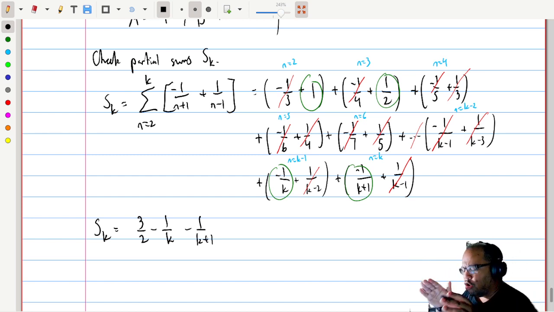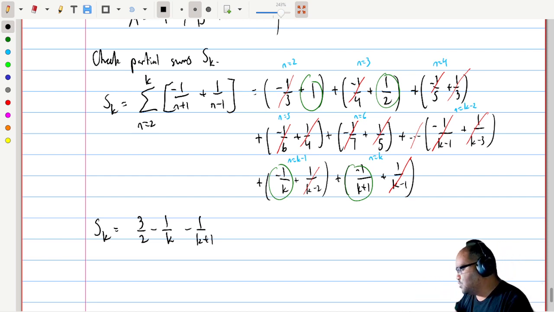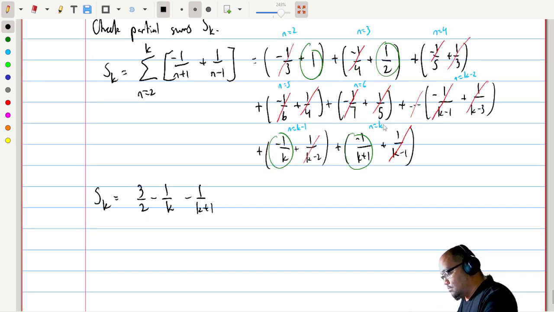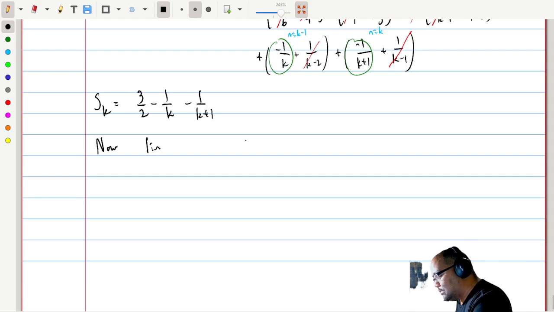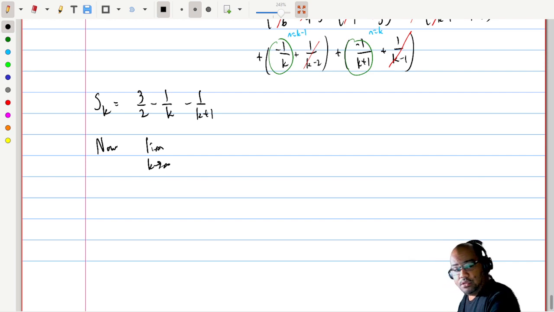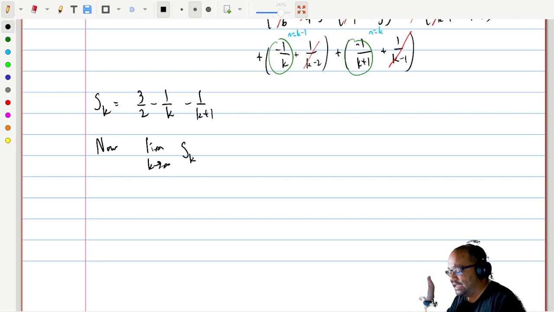Now that I have an expression for the partial sums, we need to take the limit of the partial sums, because a series converges when the limit of its partial sums exists. Now the limit as k goes to infinity of the s_k: notice those last two terms, the 1/k and the 1/(k plus 1), go to 0 as k gets large.